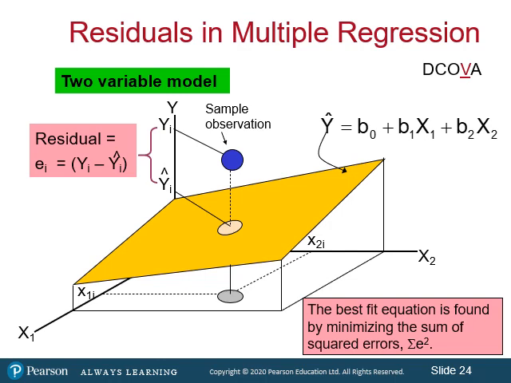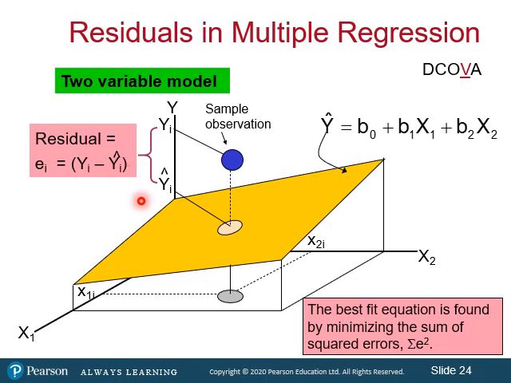When we take the actual y minus the estimated y, we will have a difference. Sometimes your actual y will be smaller than the estimated y. In some situations, the actual y can be the same as your estimated y. Sometimes your actual y can be higher than the estimated y.